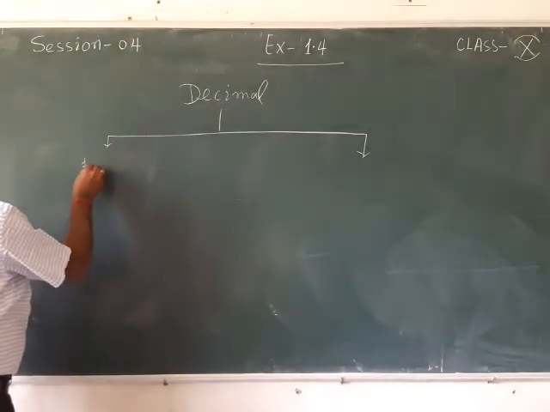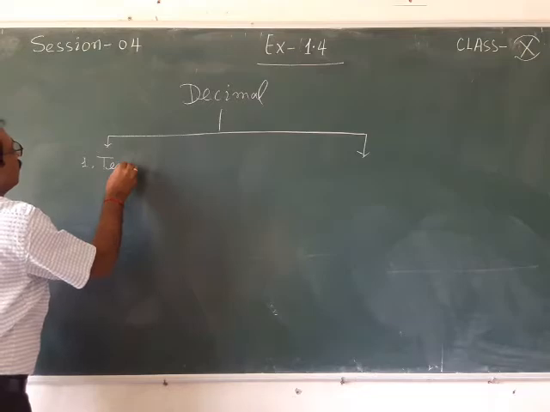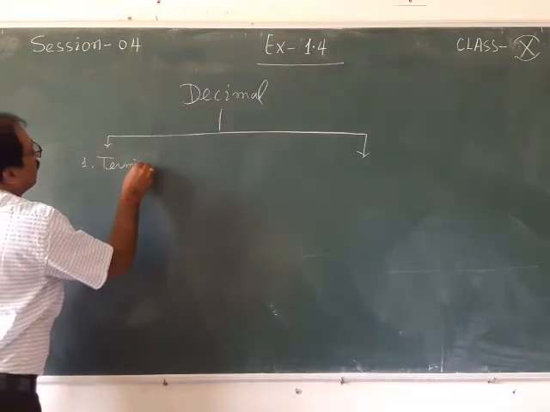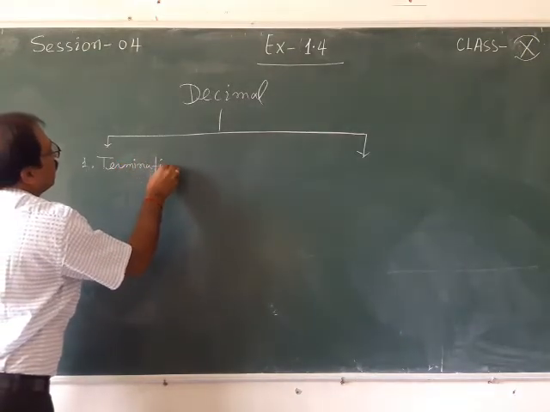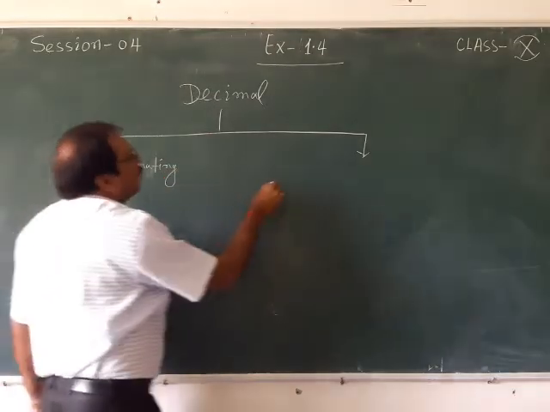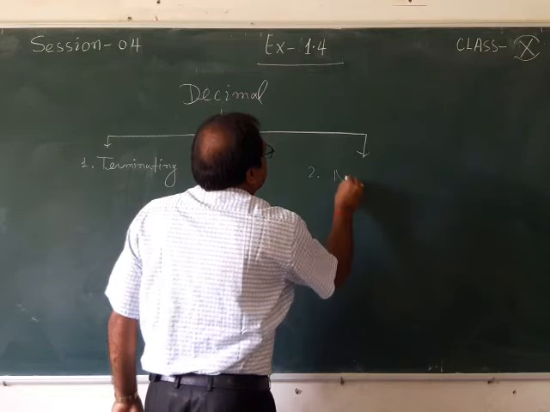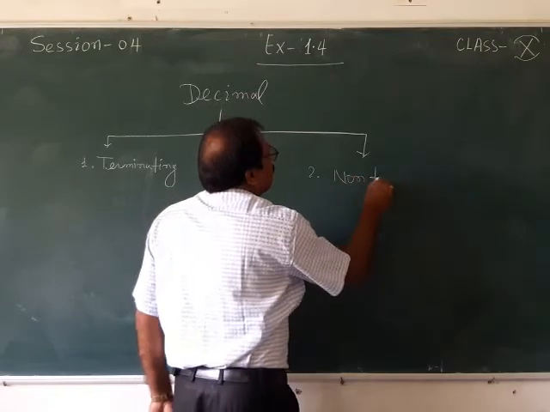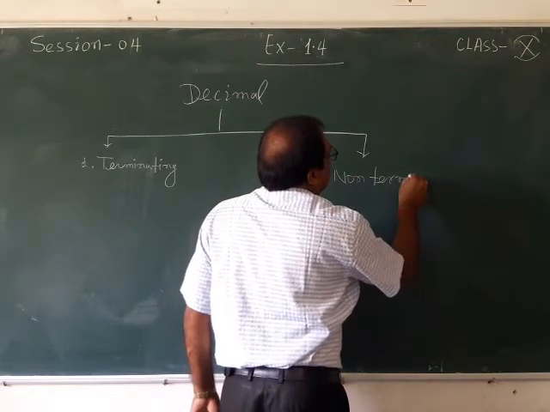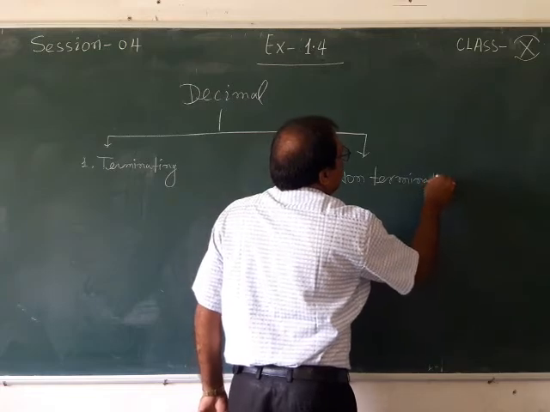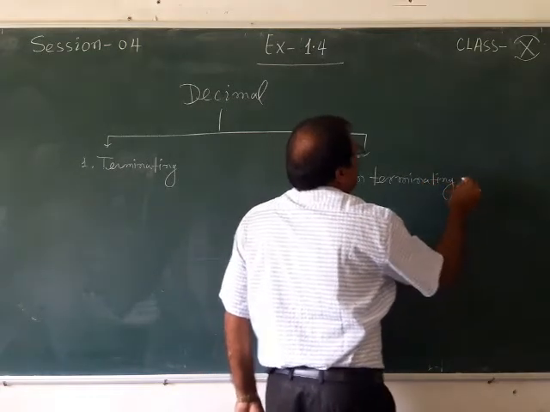Number 1, terminating decimal, and number 2, non-terminating repeating decimal.